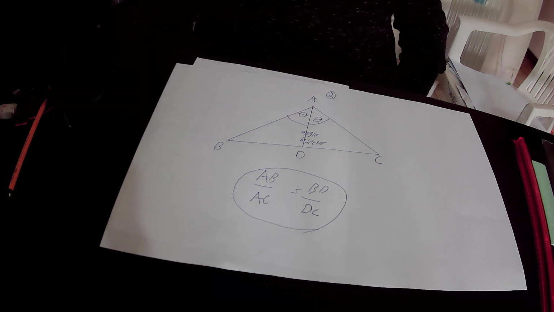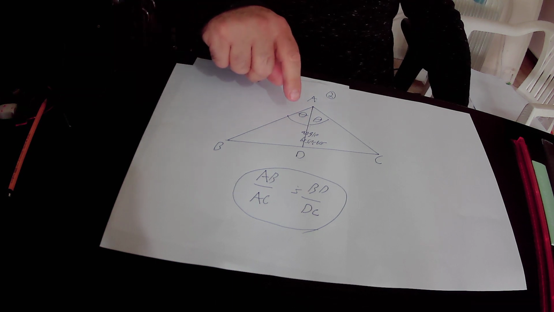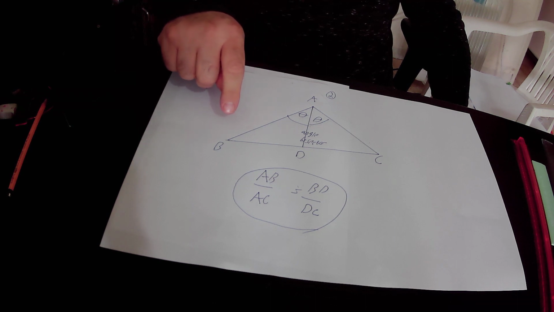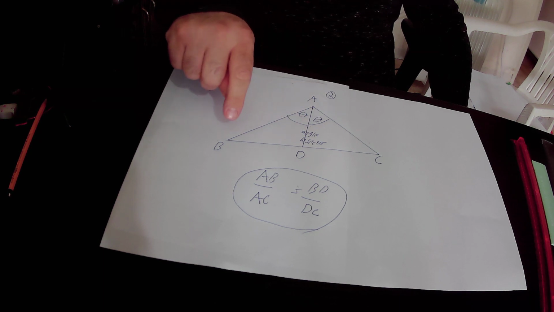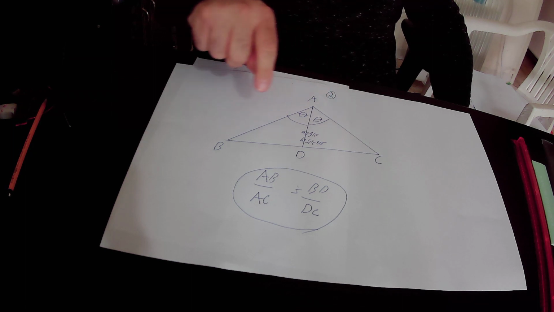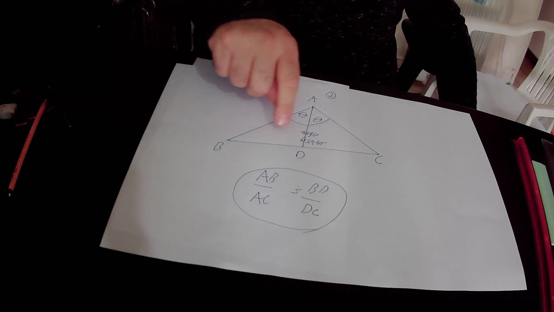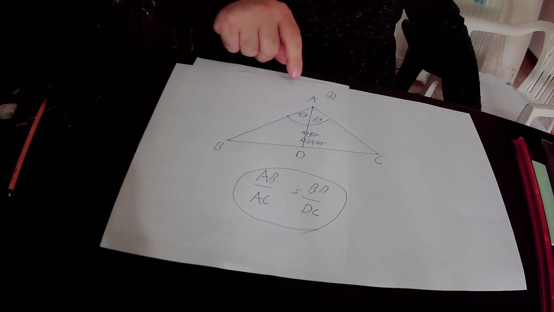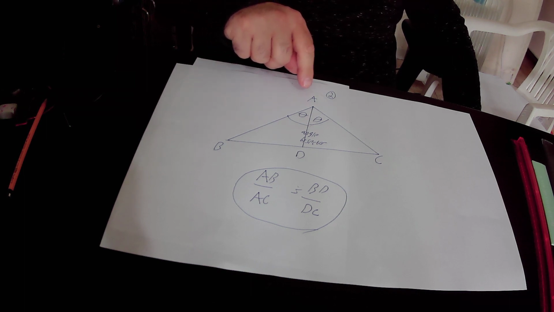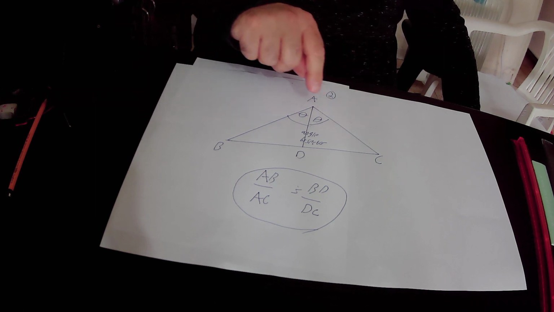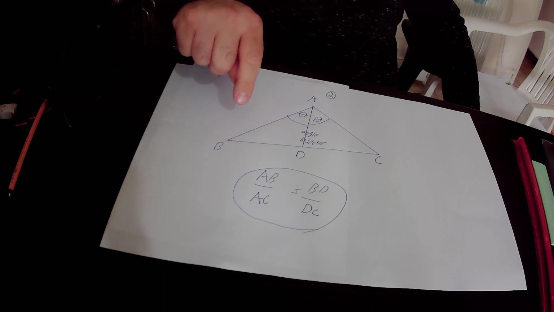Again, the angle bisector AD divides the side that it hits, side BC, into two parts, BD and DC, and the ratio between those two parts equals the ratio of the angle's legs. That is to say, AB over AC equals BD over DC.